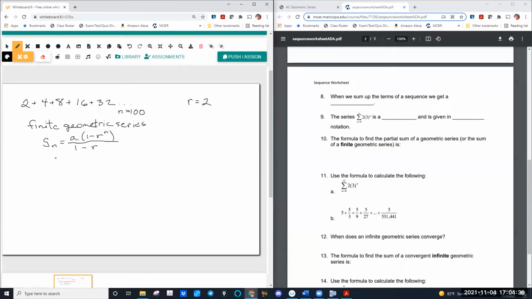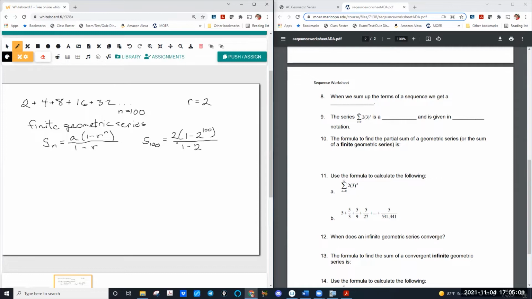So if we wanted to sum up the first 100 terms of our series, S sub 100, it'd be the first term, 2, times 1 minus our common ratio, which is 2, to the number of terms. So we're doing 100 terms, all over 1 minus the common ratio.